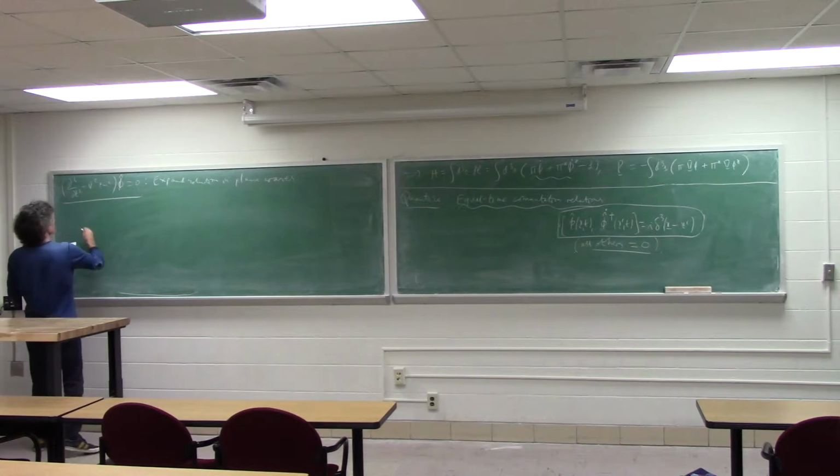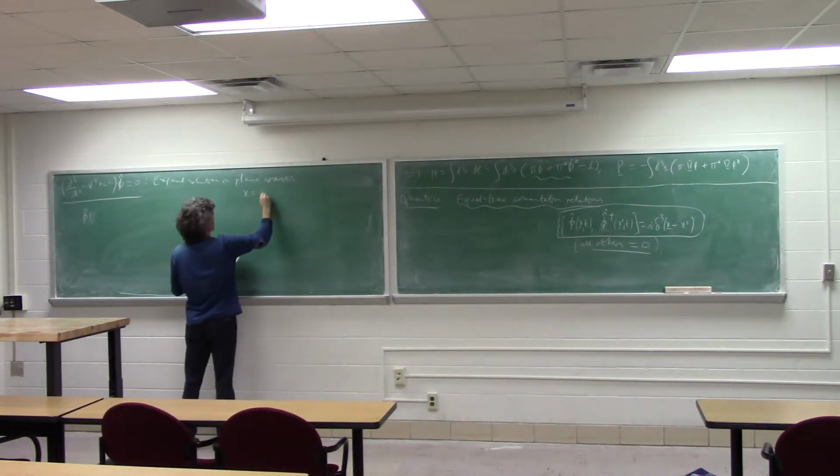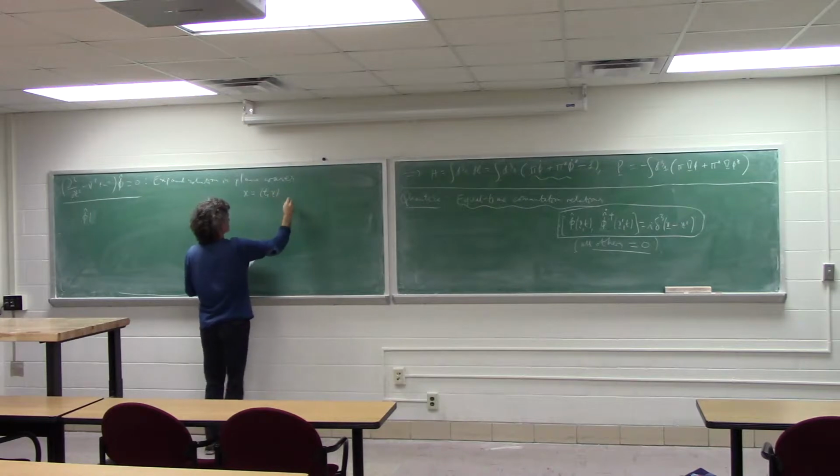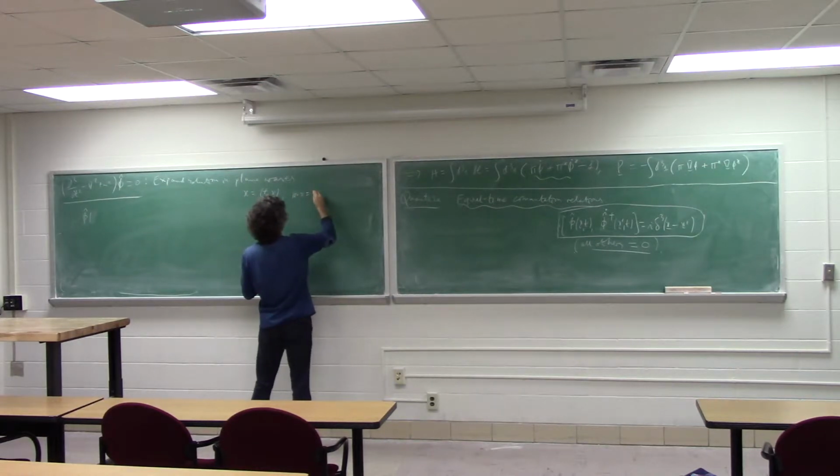The expansion is like that of before, so again I'm going to write it with x as t, x and k dot x as omega t minus k dot x.